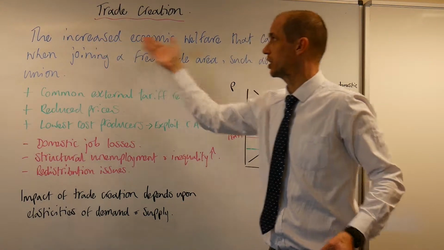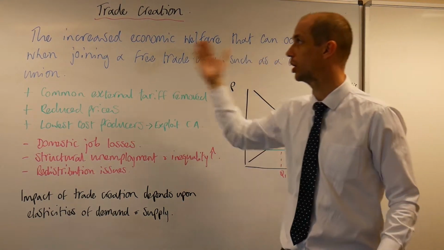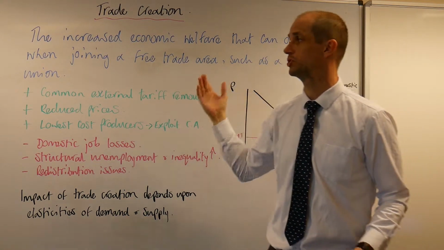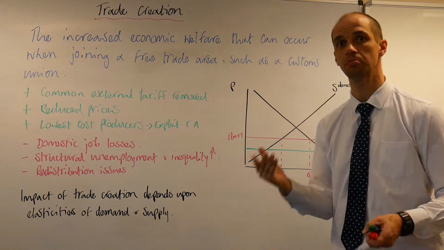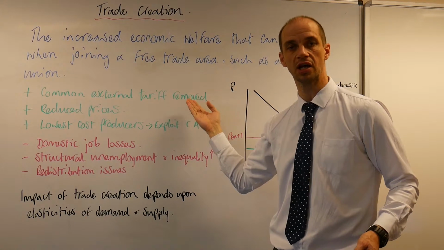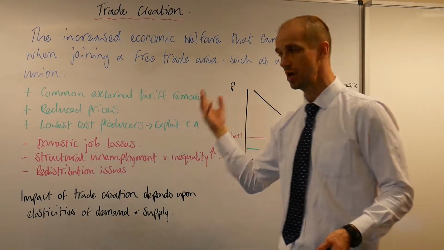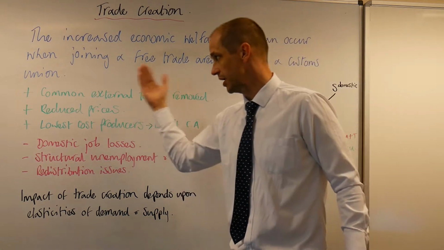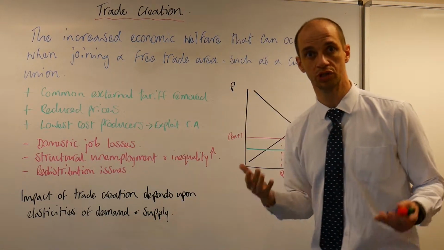So here we go. The increased economic welfare that can occur when joining a free trade area, such as a customs union. Now, this can promote a number of benefits. Upon removing that protectionist restriction, a common external tariff in the case of a customs union, it's likely to mean there are going to be reduced prices.